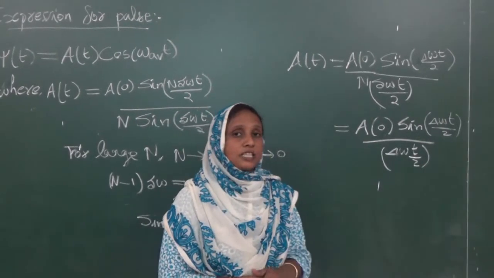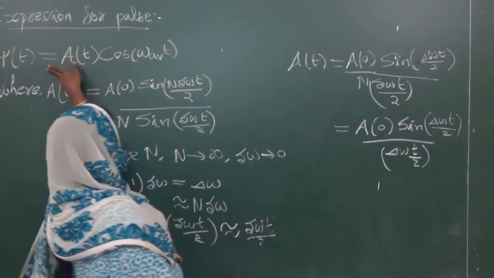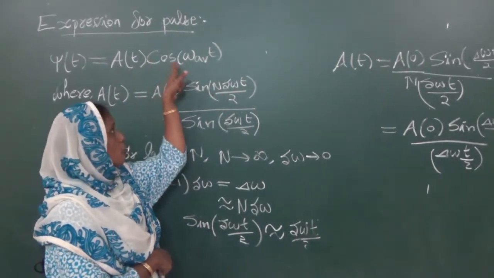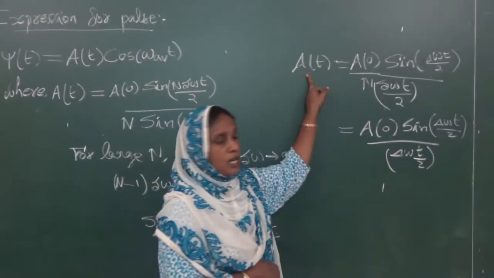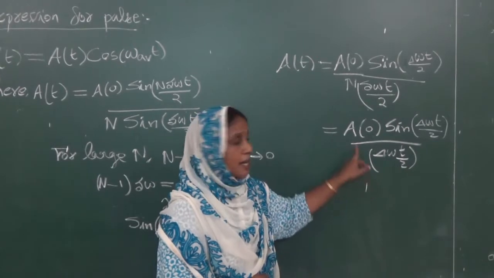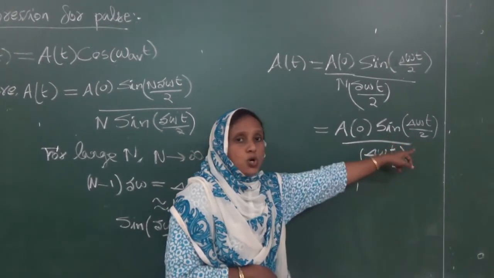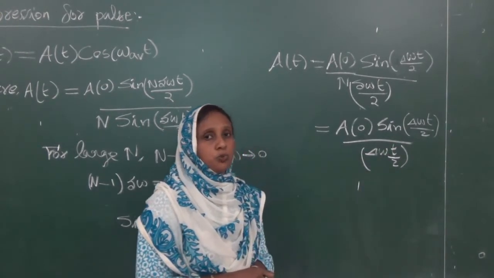So the expression for the pulse takes the new form psi of t equal to A of t cos omega av t, with amplitude A varying like this: A of 0 sin(delta omega t by 2) whole divided by delta omega t by 2.